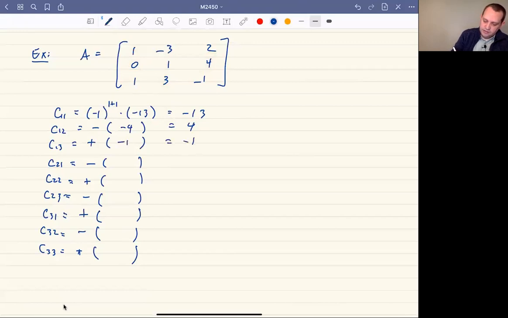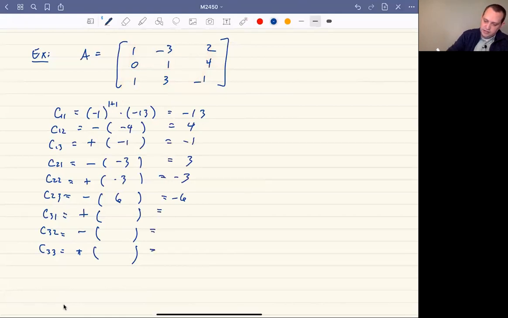C21: we get rid of the second row, first column, so we get 3 minus 6, that's negative 3, so altogether that's 3. C22: 1 times negative 1 minus 2, so again negative 3. C23: we have 1, negative 3, 1, 3, so it's 3 minus a negative 3, or 6, so altogether negative 6.